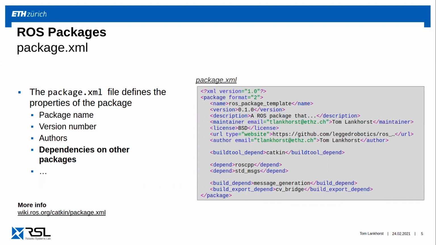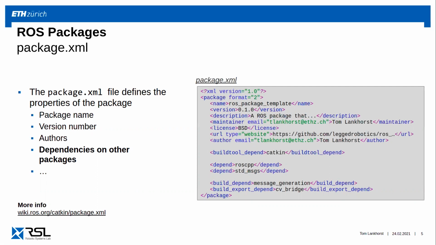There's also the build export depend, which is the same as a build dependency, only the dependency itself will be exported as a dependency of packages that depend on this package. So it's a transitive dependency.